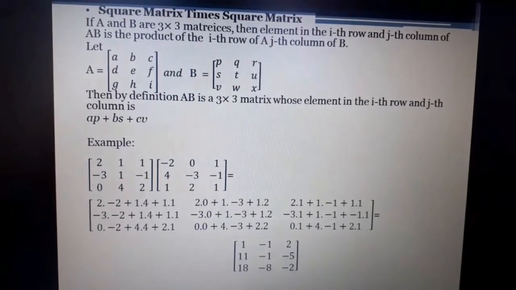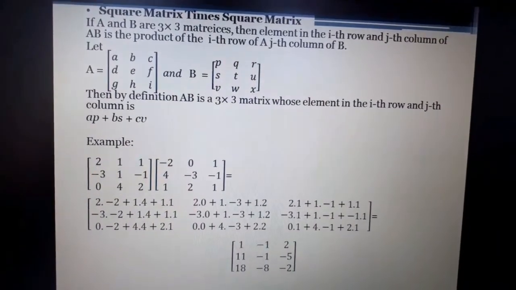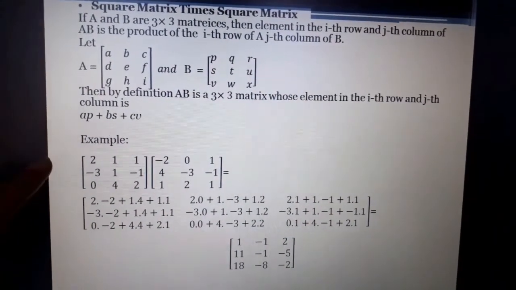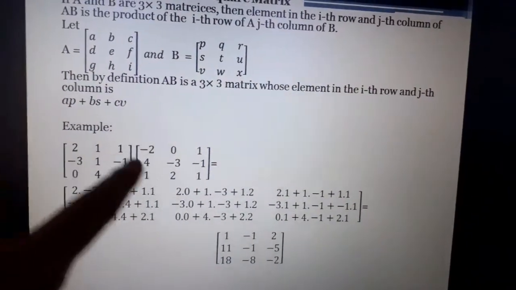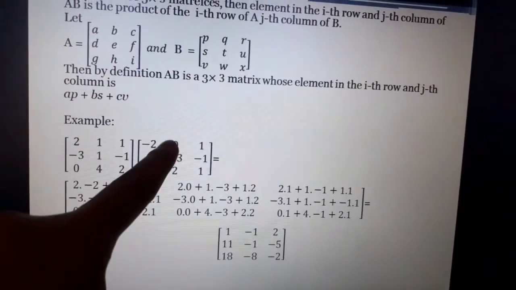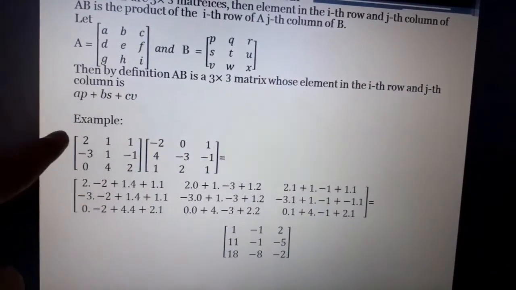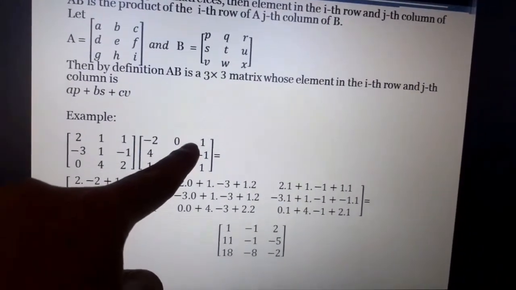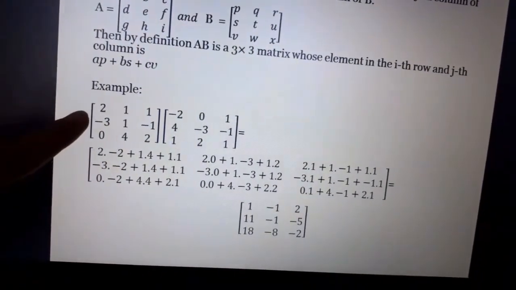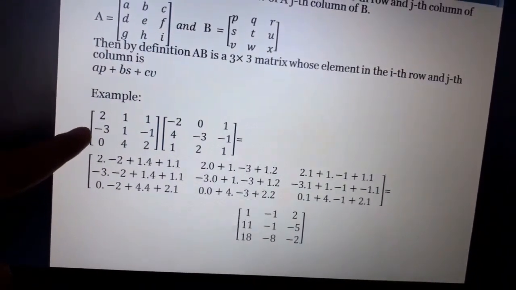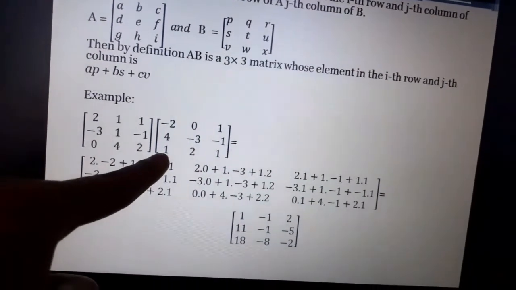Square matrix times square matrix. From the PowerPoint, we can see the first row we multiply with the first column, and the first row with the second column. First row with the third column, and the second row with the first column.